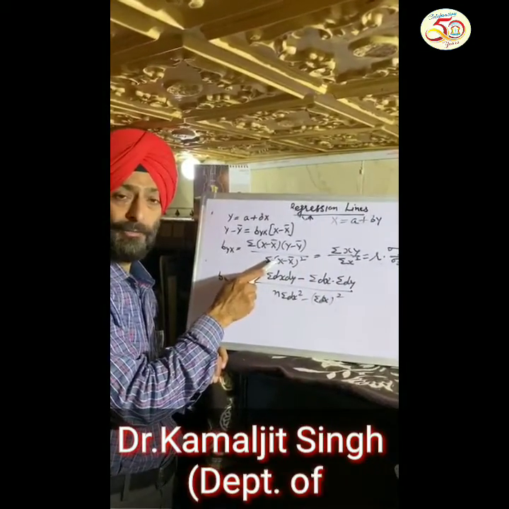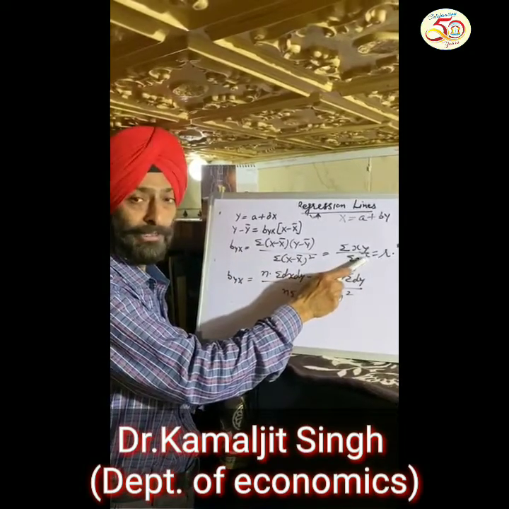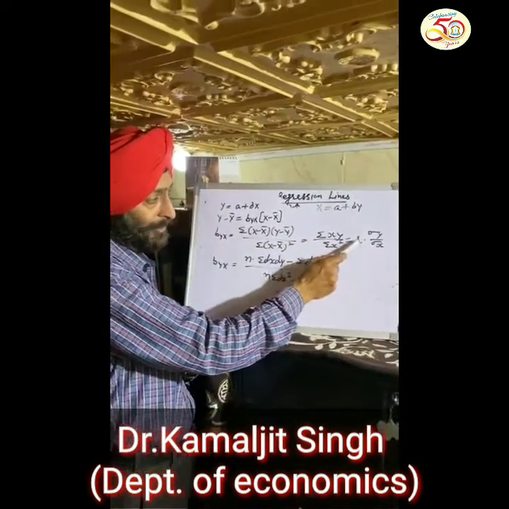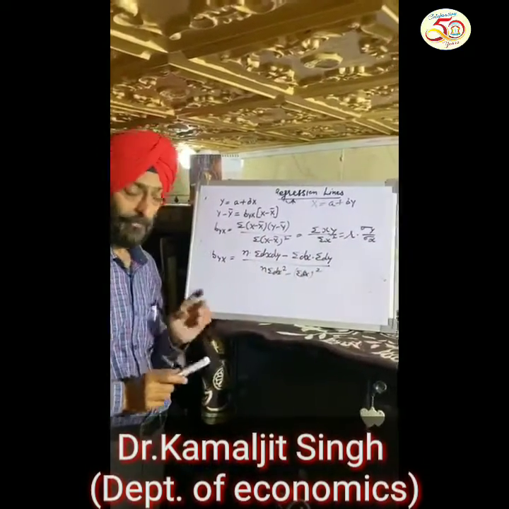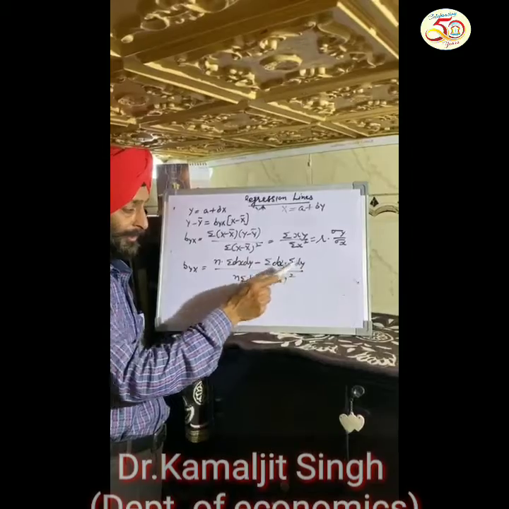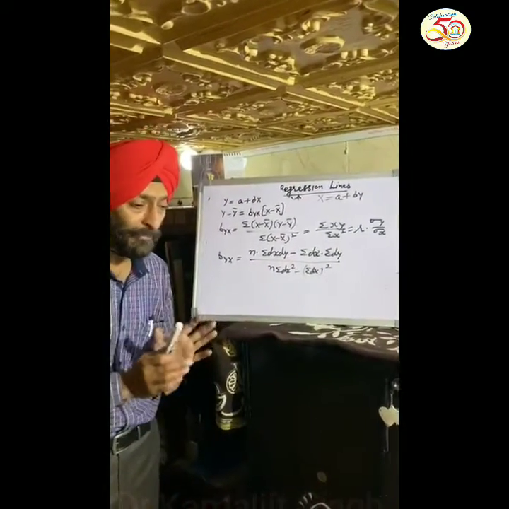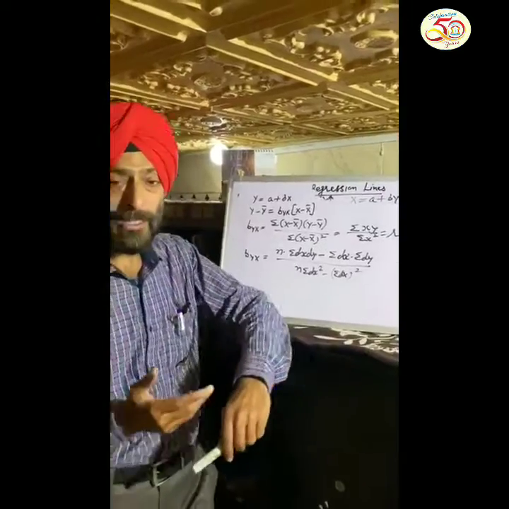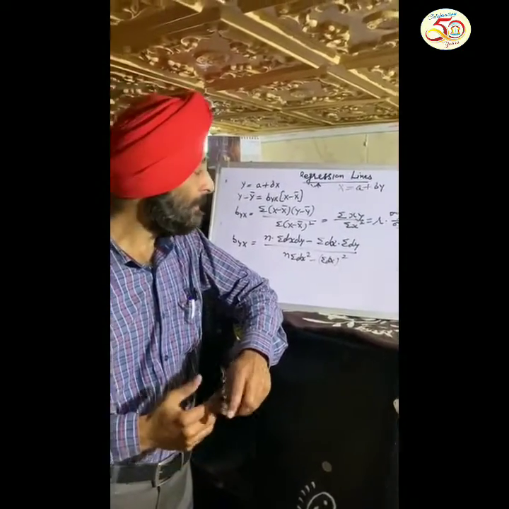Here we will get sigma y minus y bar its square, or sigma small y its square. Again, correlation into standard deviation of x over standard deviation of y. The numerator will not change, but the denominator will be in terms of y. So we can calculate both regression coefficients with the help of any of these methods to get the regression line.